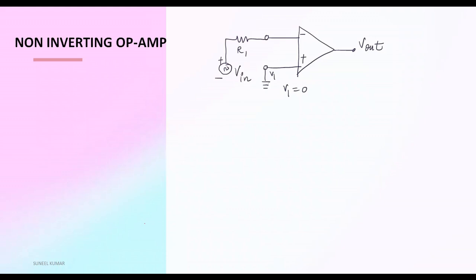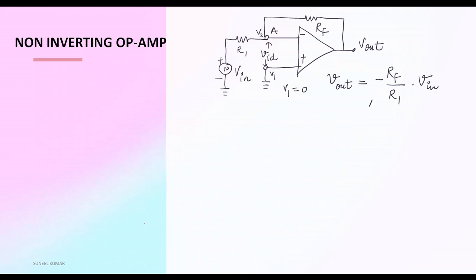This was V input, and we have to provide a feedback, so there is a negative feedback, and this is the feedback resistance. This particular terminal voltage is V2 and this node is A. So this was VID that we have seen in previous lecture. The output expression was minus RF divided by R1 into V input. We are getting this negative sign because there is a phase shift of 180 degrees between input and output.